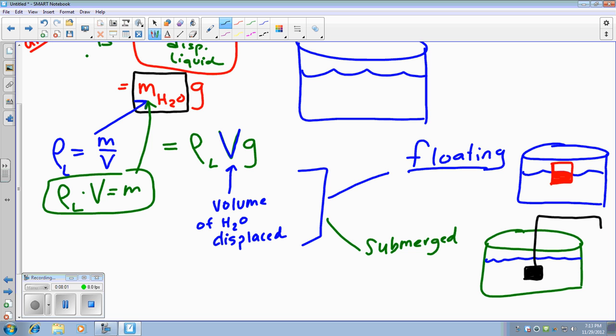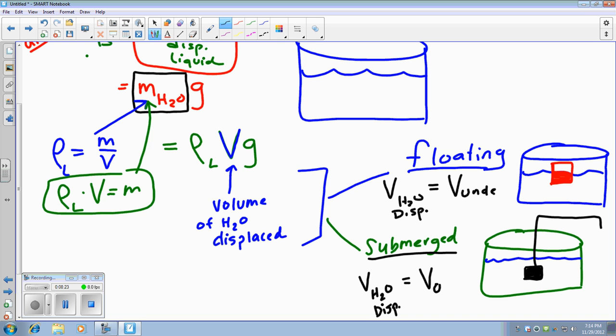So here, what we see is the volume of the water displaced, so H2O displaced, is going to be equal to the volume of the object, I should say. Whereas in this top scenario, that volume of H2O displaced, hopefully you can understand those notations, is just equal to the volume of the object underwater. So I'm going to say V under.